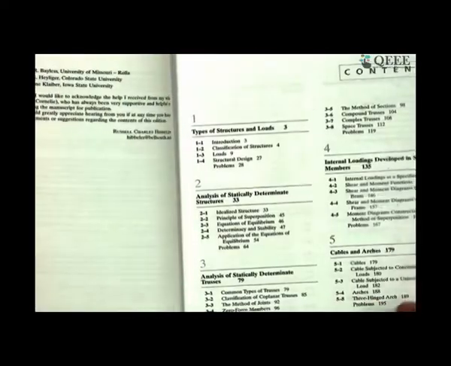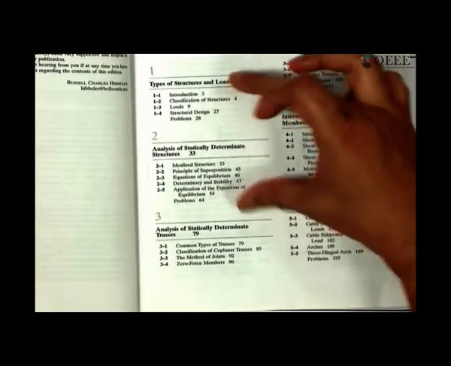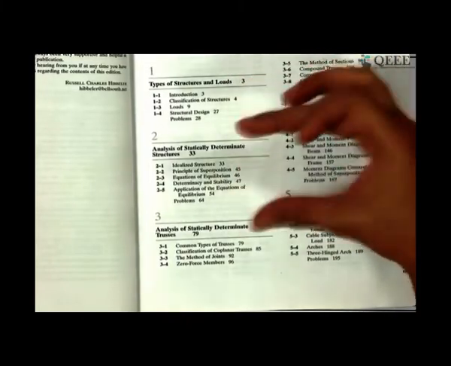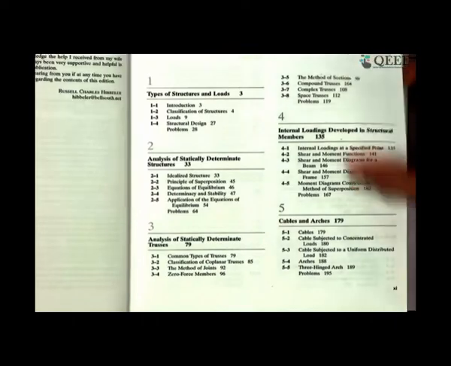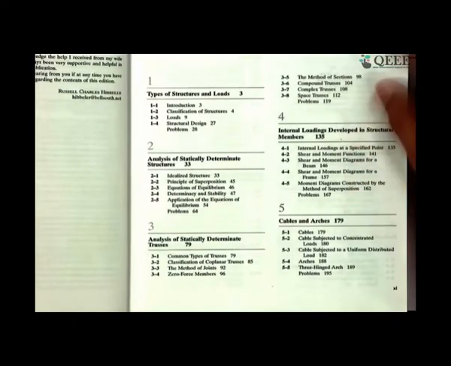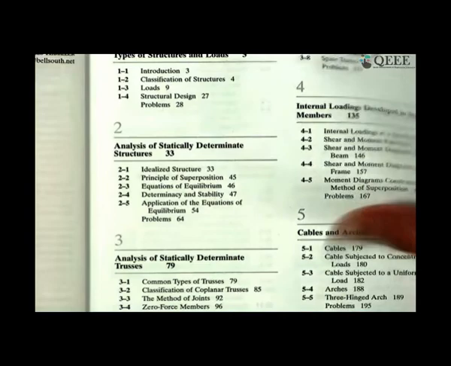Here you see Professor Hibbeler's book. I am opening it because it is our textbook. All textbooks start like that. It is mainly this type of structures, the indeterminacy, and internal loading, meaning shear force and bending moment. Then the structural entities like cables and arches are taught.